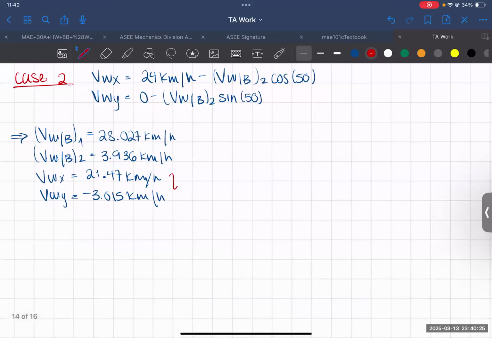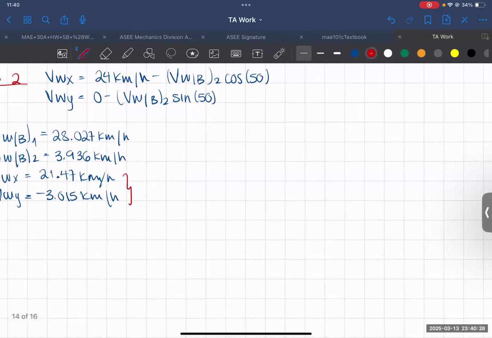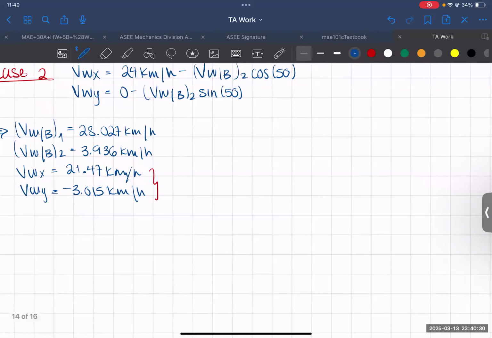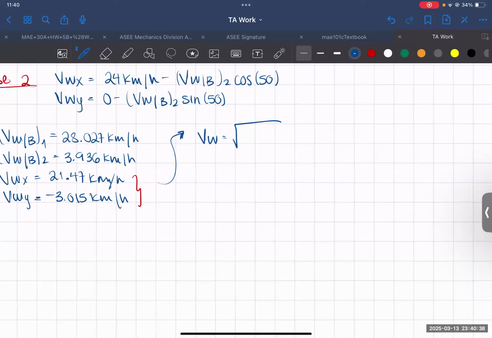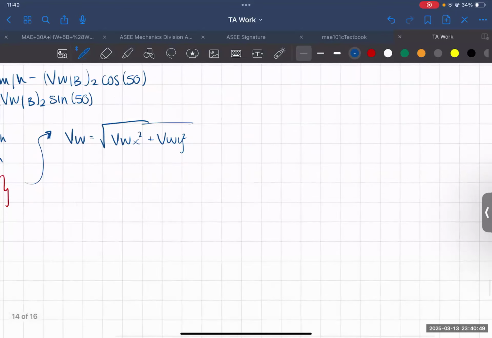So having these two, we can get the angle as well and the magnitude of the velocity. So velocity of the wind will equal 1.68 kilometers per hour.